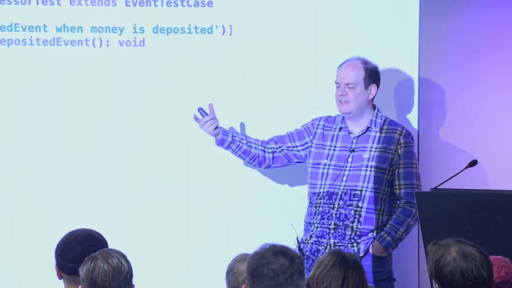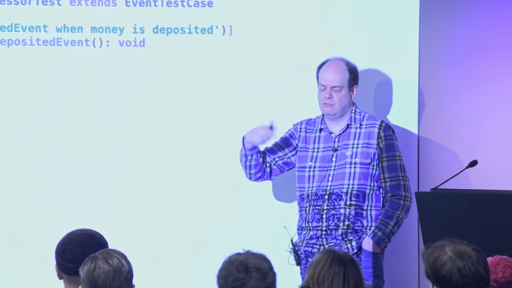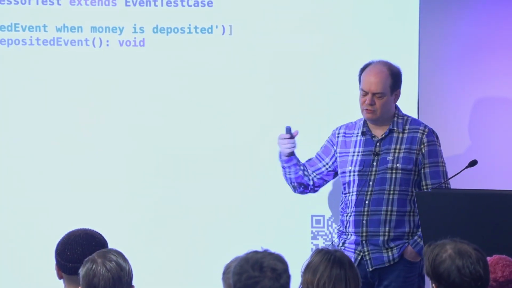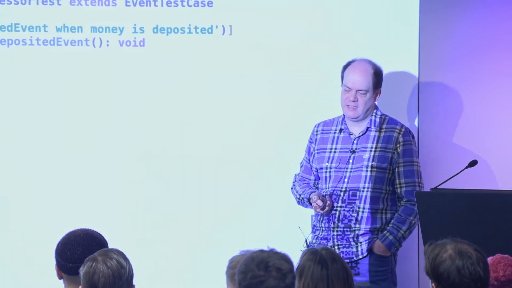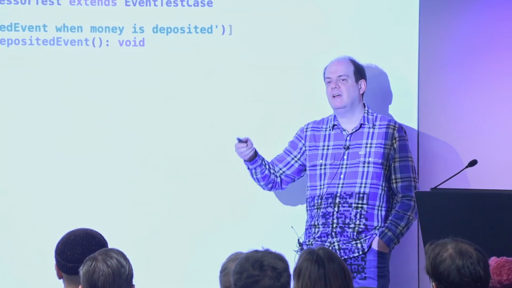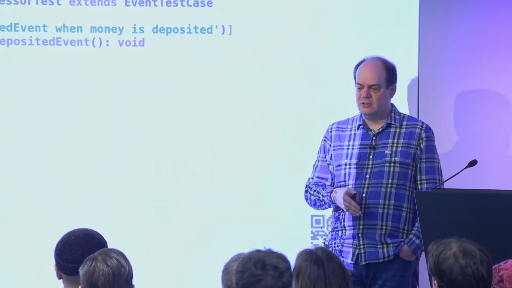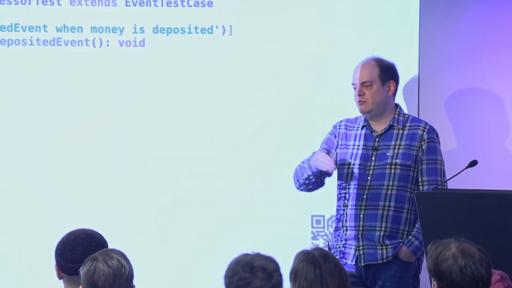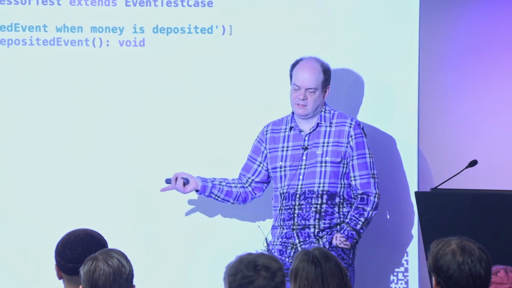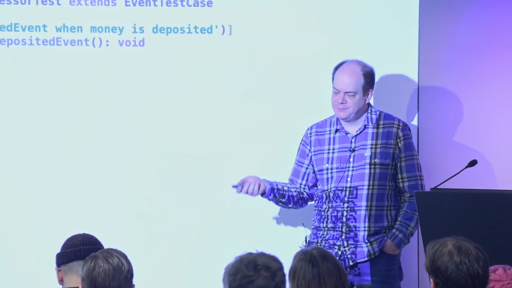I want to use that in the language to write the tests. I want to see that reflected in the tests. And then over time, I saw a pattern repeat itself, and I want to share that with you today.